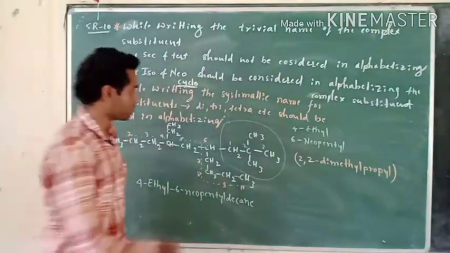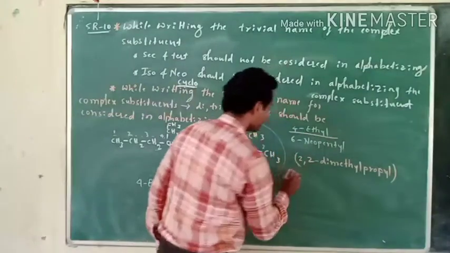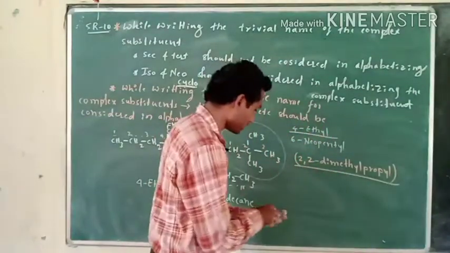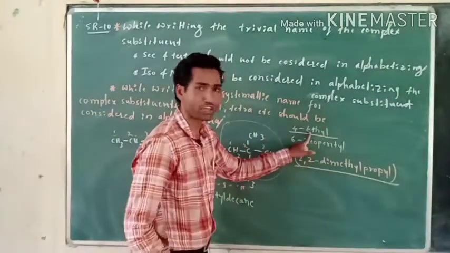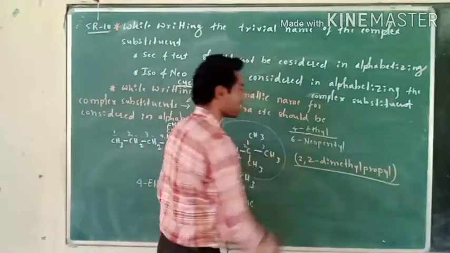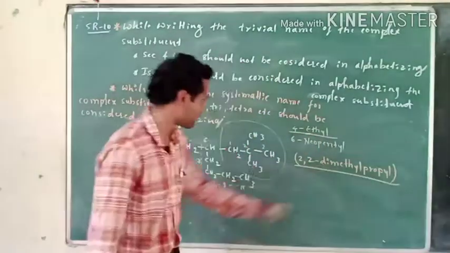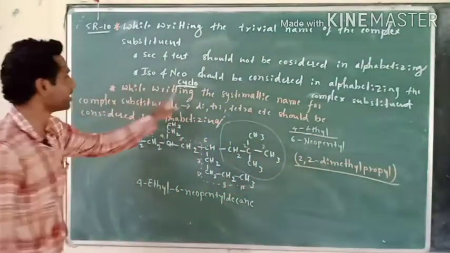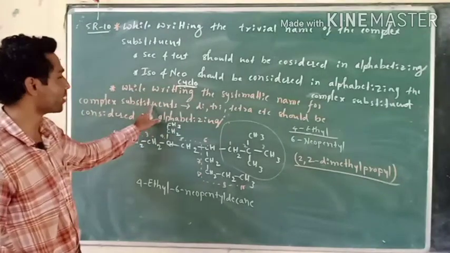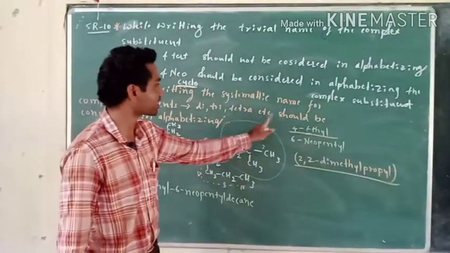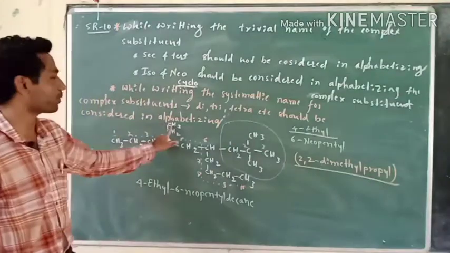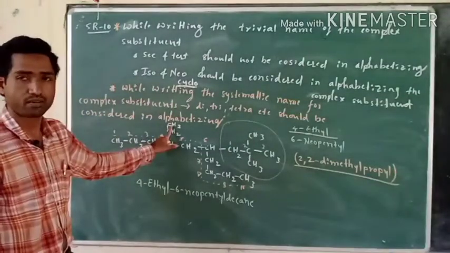So now this is one substituent, this is another substituent. So in this substituent E is a first letter. So in this case, according to the rule, while writing the systematic name of the complex substituent, di, tri, tetra, etc. should be considered in alphabetization. Right.